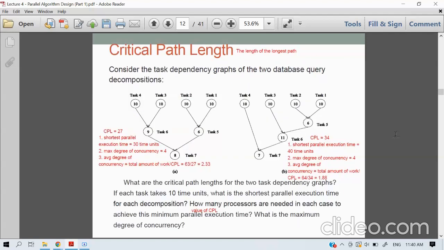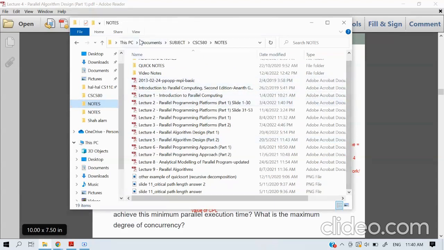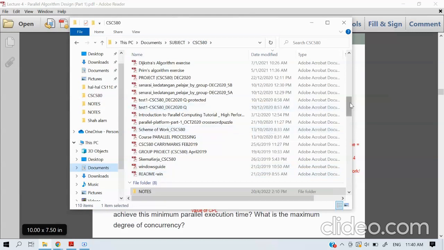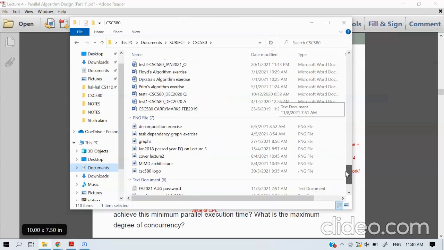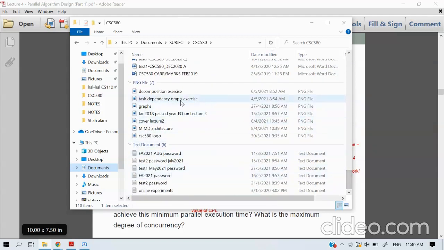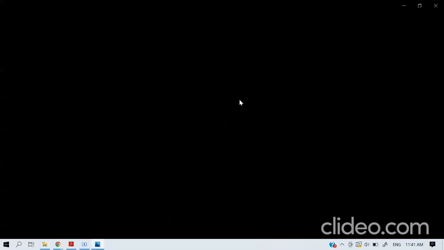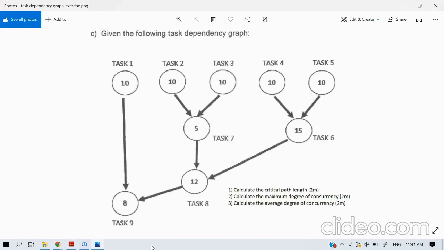Okay, if you can, madam wants you all to do an exercise for a moment. Let's do the exercise. Start now. Okay. So I want everyone to find the critical path length, maximum degree of concurrency, and calculate the average degree of concurrency.